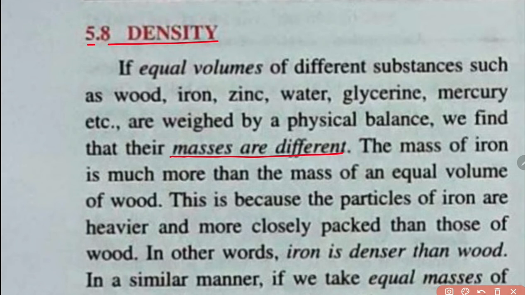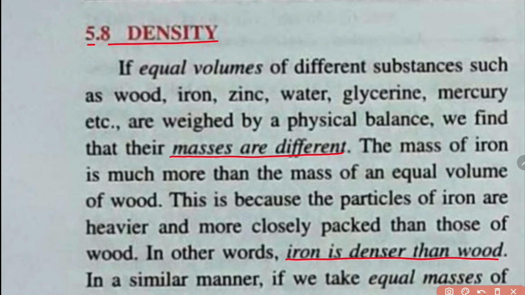The mass of iron is much more than the mass of equal volume of wood. This is because the particles of iron are heavier and more closely packed than those of wood, which you have studied in class 7 also. In other words, iron is denser than wood.